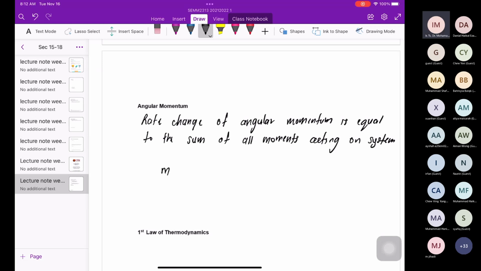So this is the angular momentum, symbol dH over dt, where H is basically the summation of r multiplied with V, multiplied with the small change of mass.